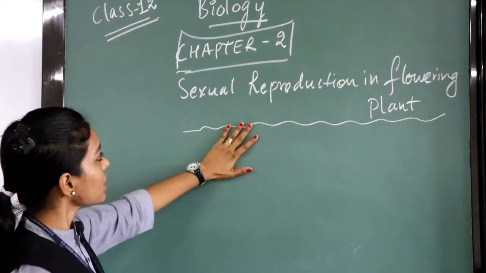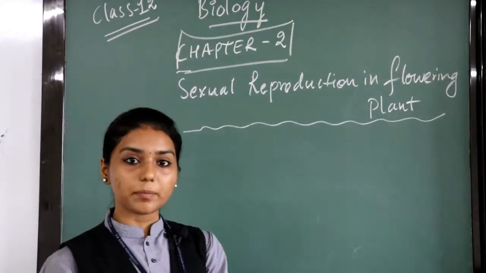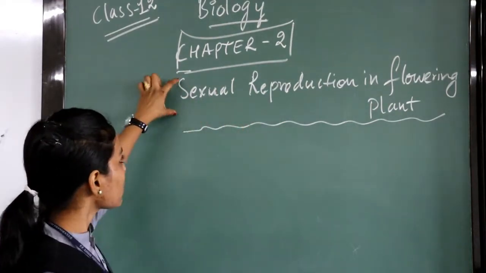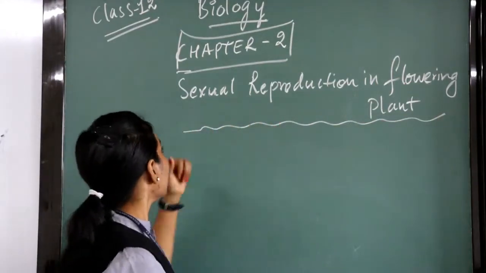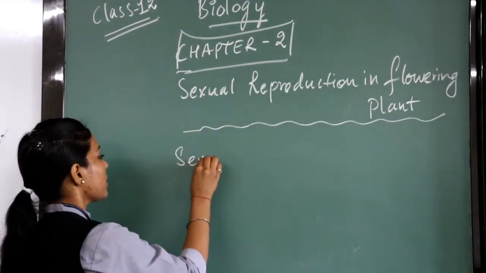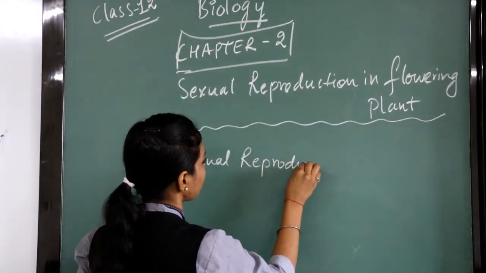First we will see the heading. Whenever you start reading a chapter, you need to know what sexual reproduction in flowering plant is. So sexual reproduction means sexual reproduction.